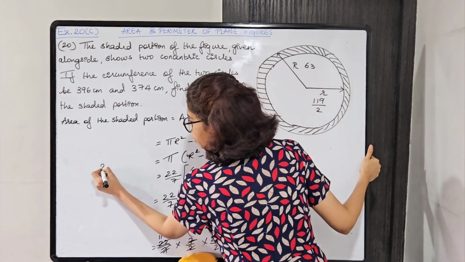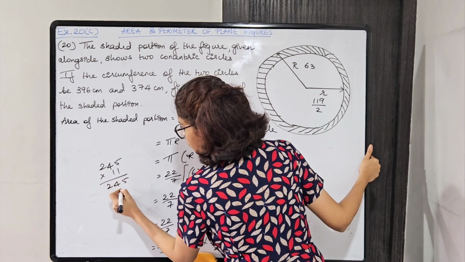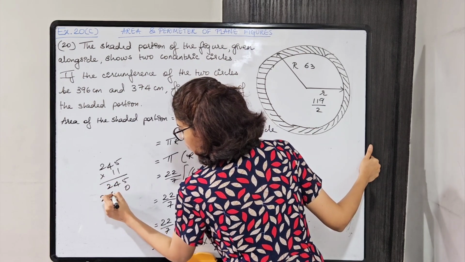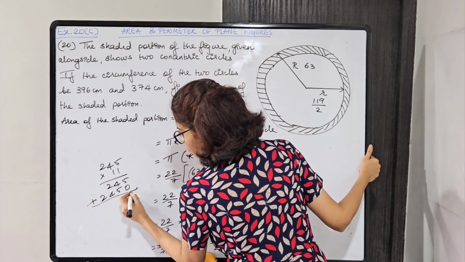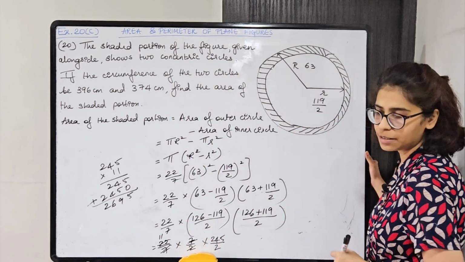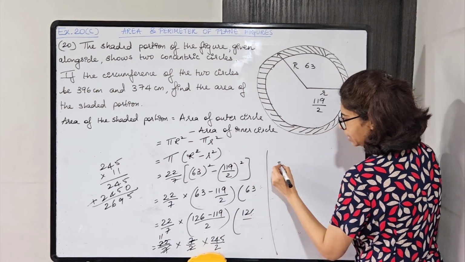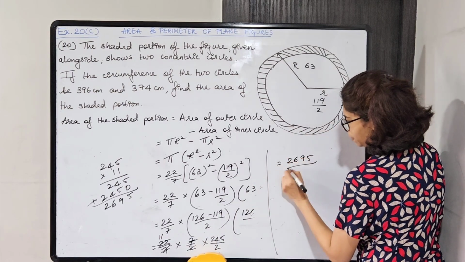So 245 into 11 find out करते हैं. We get 2695 divided by 2.